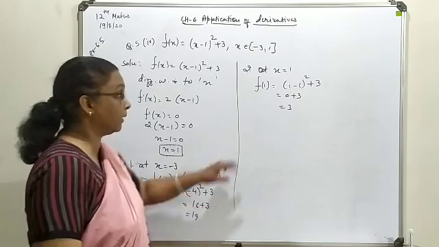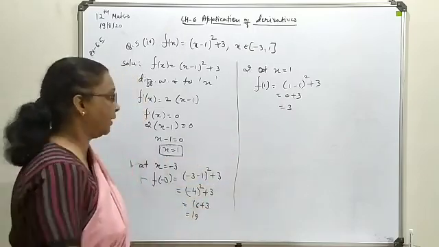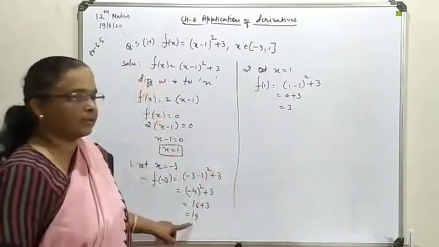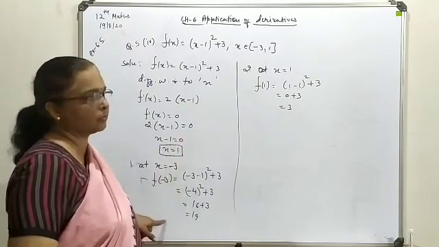So if you look at these two solutions, you will find this is a minimum one, whereas this is a maximum one if you compare these two solutions.